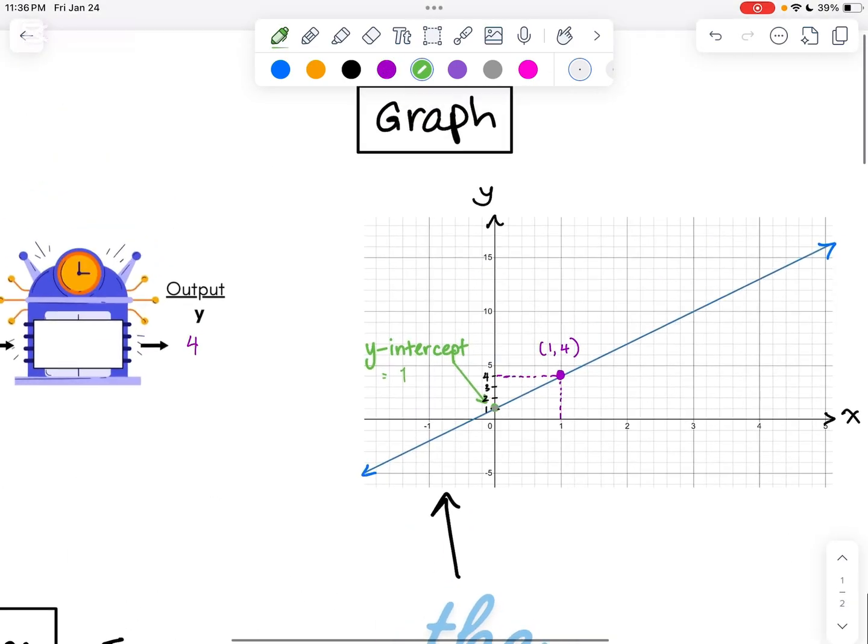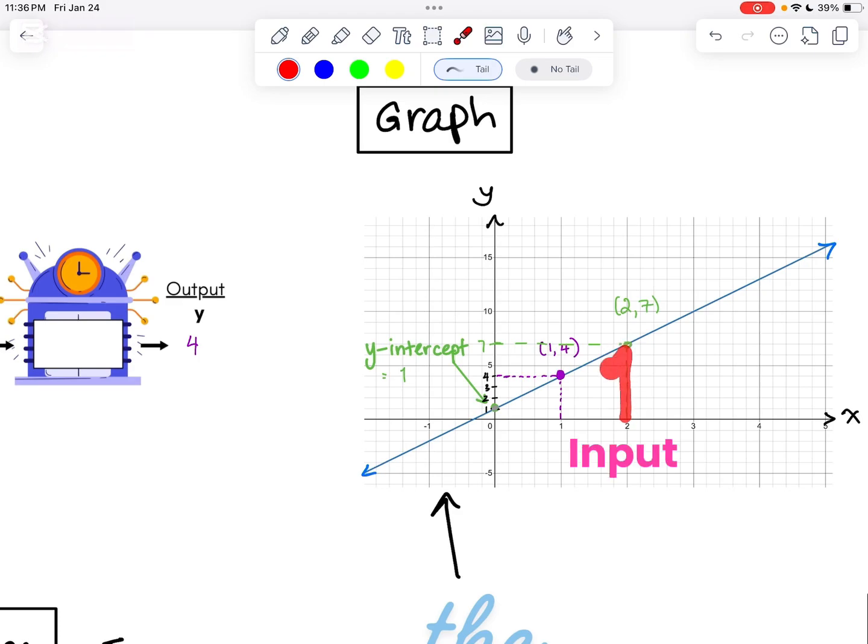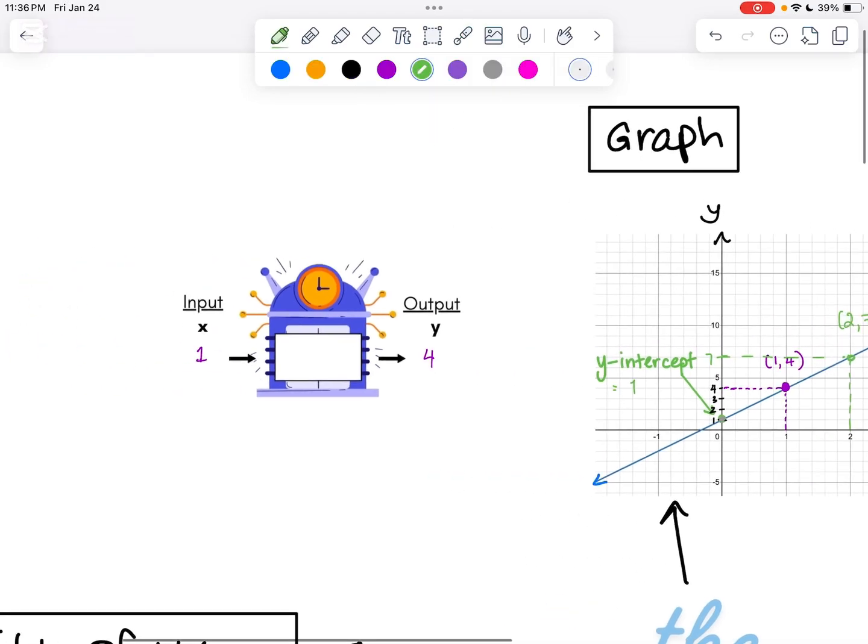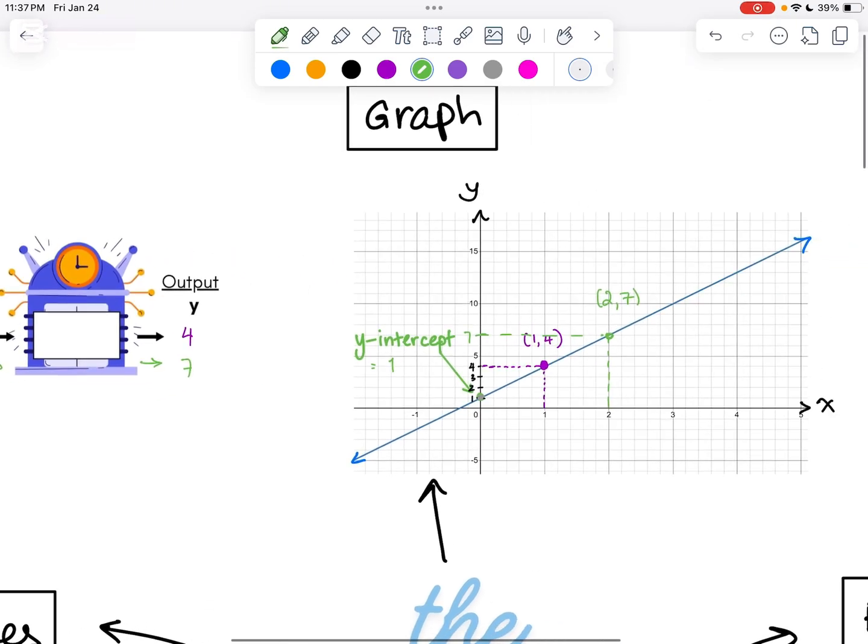I could take a look at this point here, and this coordinate would be (2, 7). So this is now telling me that if I put in an input of 2, my output is going to spit out as 7. So put in a 2, out comes a 7.